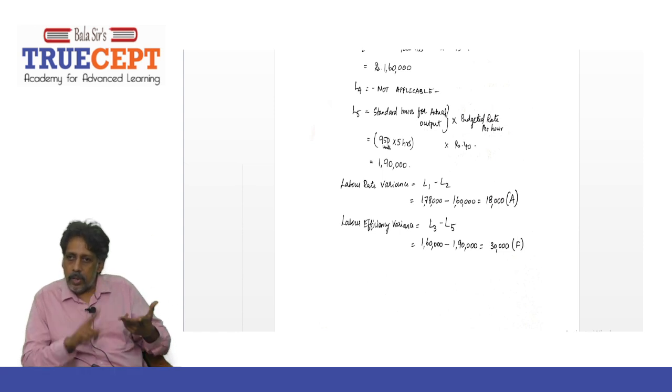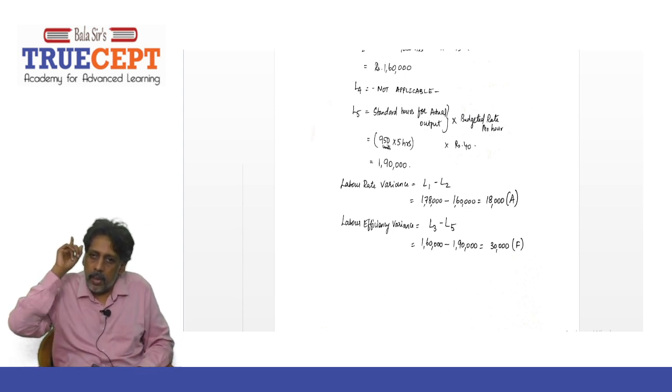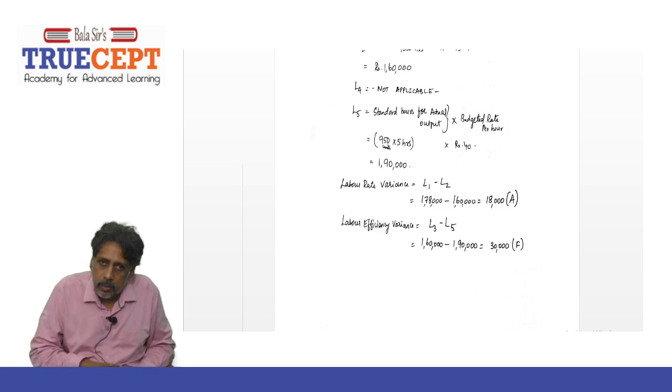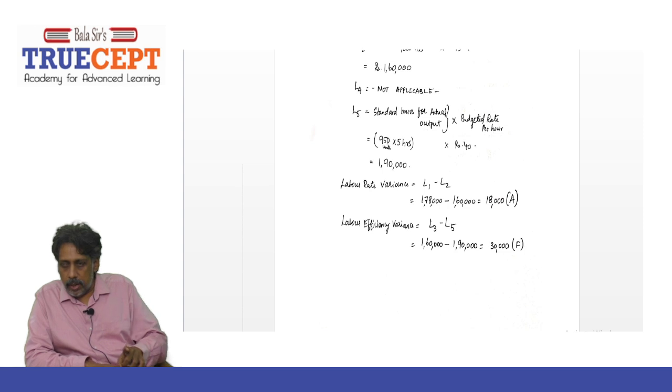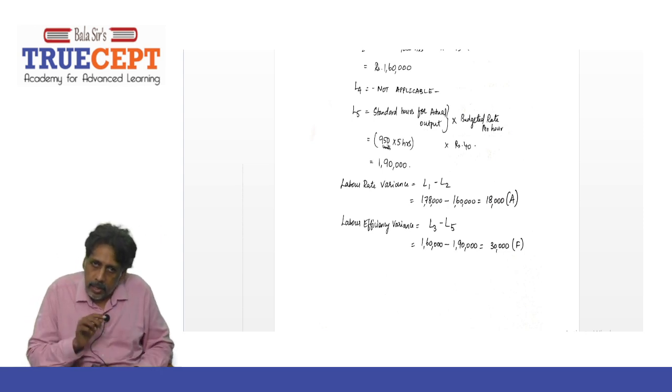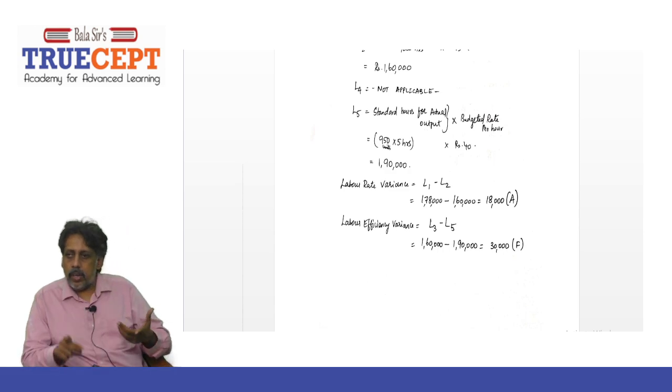The actual time taken is 4,000 hours, right? But what is the time allowed? 4,750. That means the time taken is less than what is allowed, so it is going to be a favorable efficiency variance. You can check that. L3 is 1,60,000 minus L5, 1,90,000. So rupees 30,000 favorable.